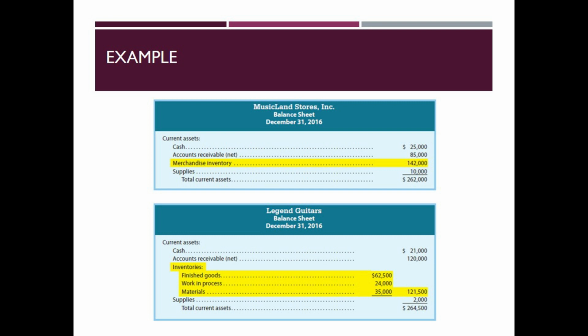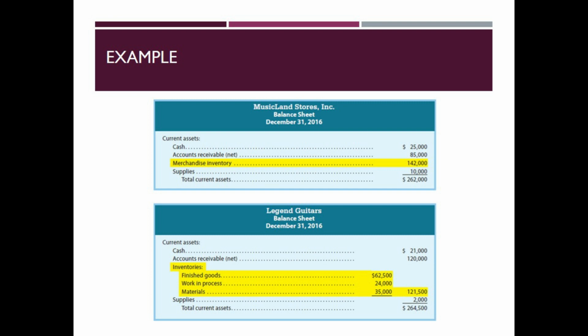For manufacturing, it involves finished goods, work in process, and materials inventory. Sometimes materials inventory is referred to as raw materials inventory. Work in process is what is still being converted, so that consists of direct materials, direct labor, and factory overhead. They have entered into the manufacturing process already, but they are not yet completed, so they are still referred to as work in process.